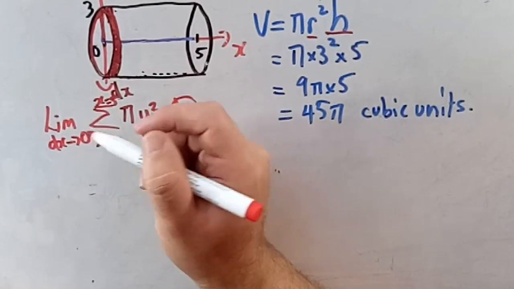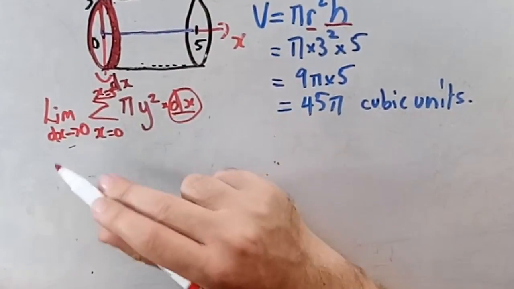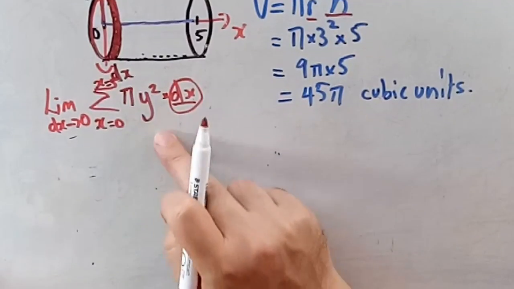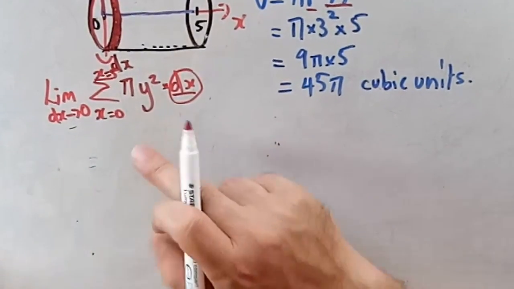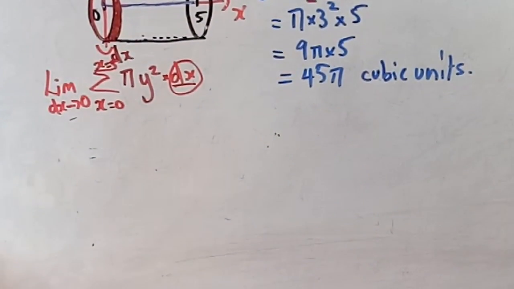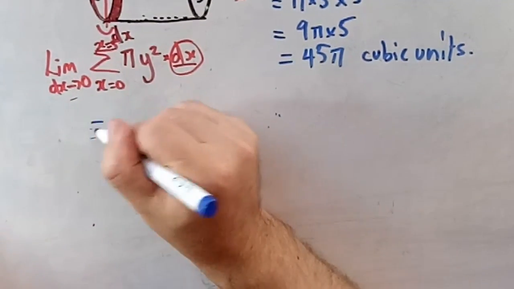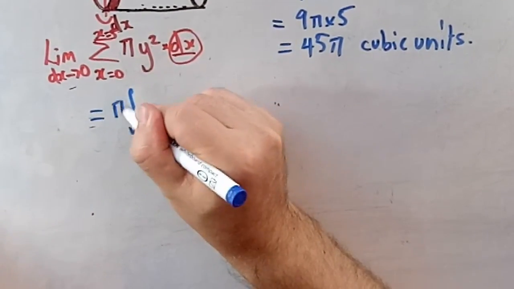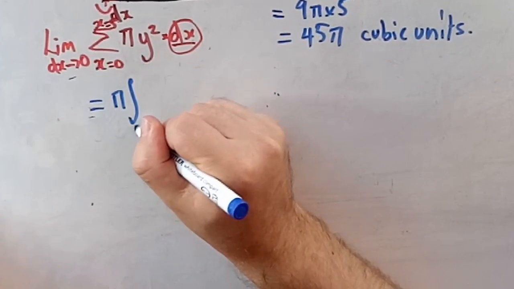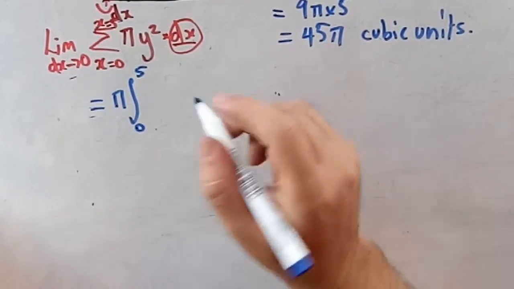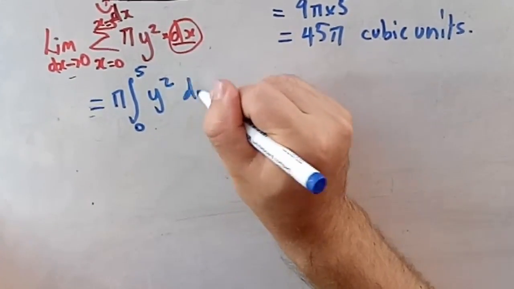Okay, so as this approaches 0, gets smaller and smaller and smaller, what is this limit? Okay, now we've got a way of adding up these sums. It's called, we can take an integral. Okay, so this is the integral of pi from 0 to 5 y squared dx.